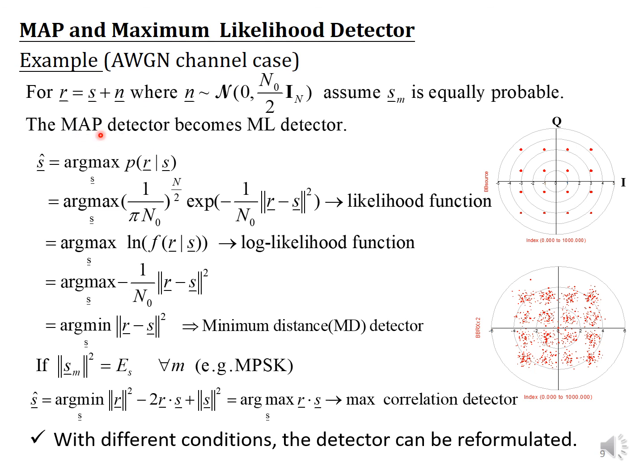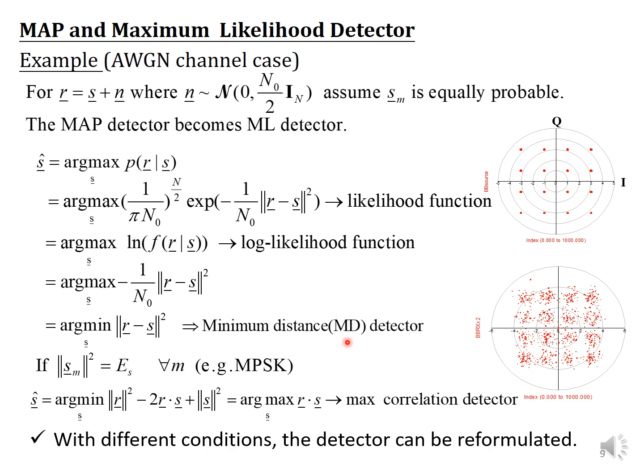Let's review it again with a quick summary. We have the optimal receiver, the MAP detector. If the symbols are equally probable, then this MAP becomes the ML detector. And this ML detector becomes the minimum distance detector if we have the AWGN channel, the Gaussian distribution.